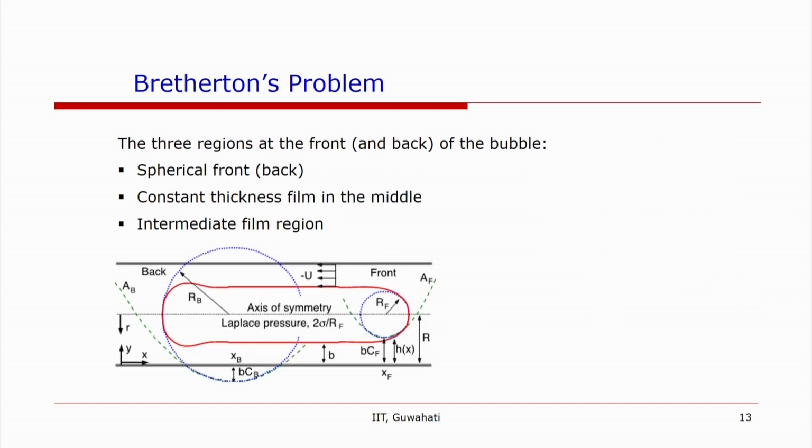So first, he considered a long Taylor bubble. By that he meant a long cylindrical region in the middle.